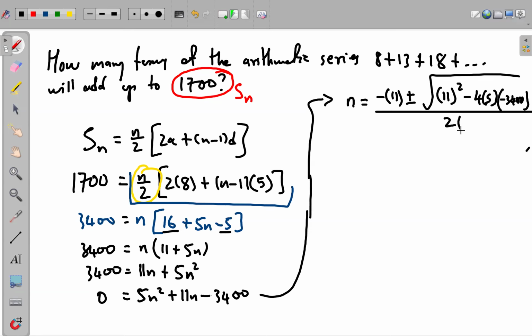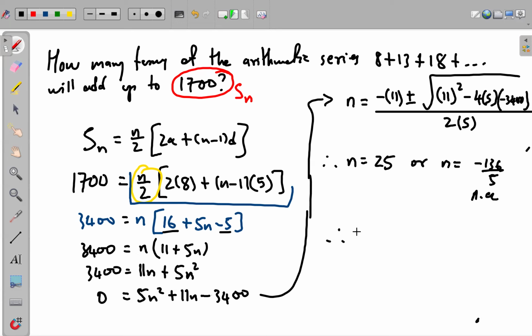2 times a, which is a 5. So you just need to show this step, then you can go n is equal to, if you do this correctly in your calculator, you will get a 25 as one answer, and then it's a quadratic, so write both answers, please, and then minus 136 over 5, but we know this solution here is not applicable.